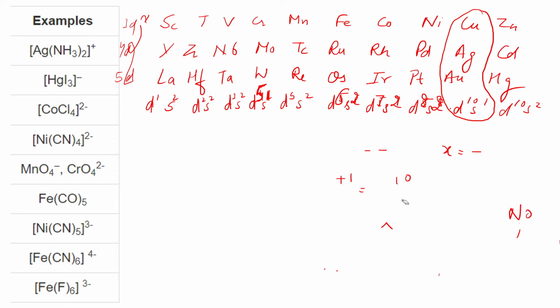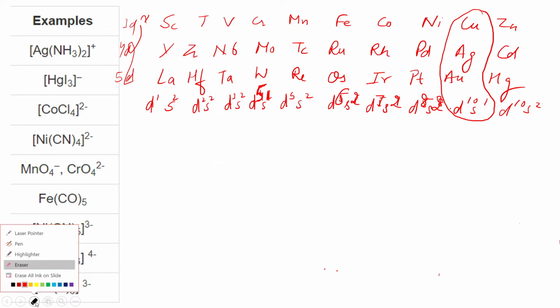Mercury comes in the 5d series. So 3d, 4d, 5d. Mercury comes in the 5d series, and we'll look at its electronic configuration.